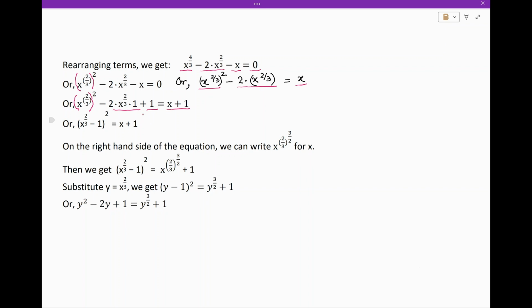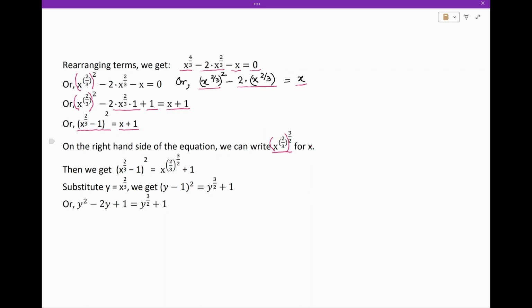Recognize that the left hand side of the equation is equal to x to the power of 2 by 3 minus 1 whole squared. Therefore, x to the power of 2 by 3 minus 1 whole squared is equal to x plus 1. On the right hand side of the equation, that is on the side of x plus 1, we can write x to the power of 2 by 3 raised to the power of 3 by 2 for x.